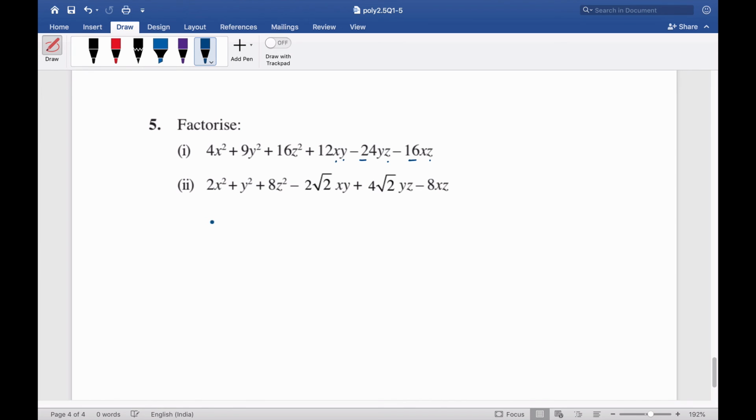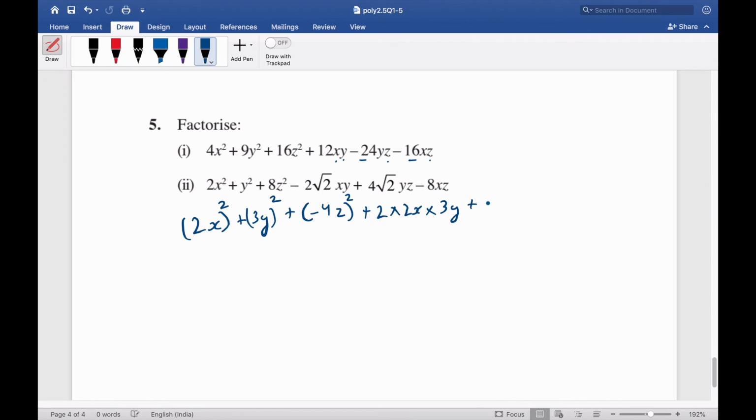So let's get started. So I can write 4x² as (2x)² + (3y)² + (−4z)², since we are supposed to take it negative. This will then give me plus 2 into a into b, which is 2x into 3y.